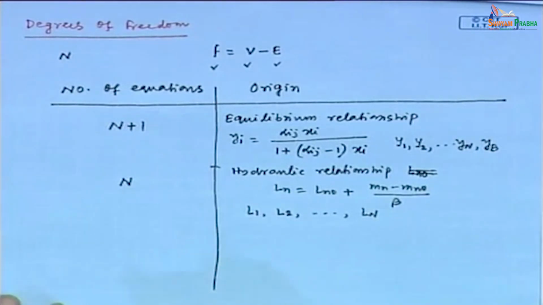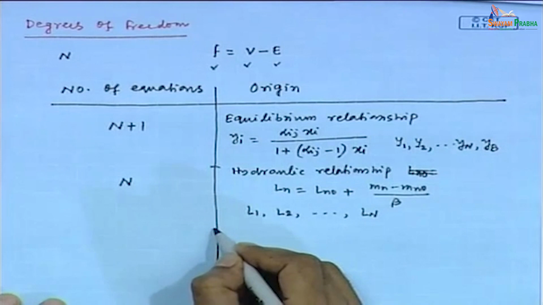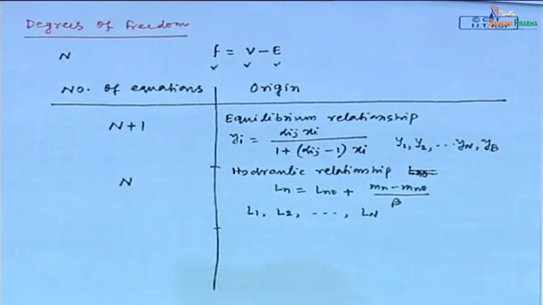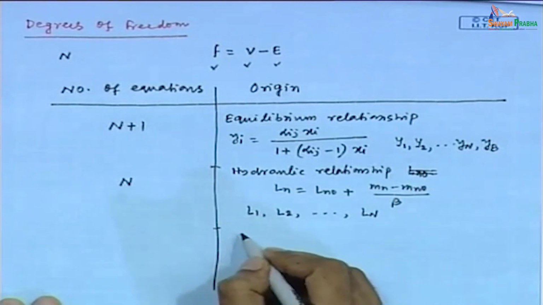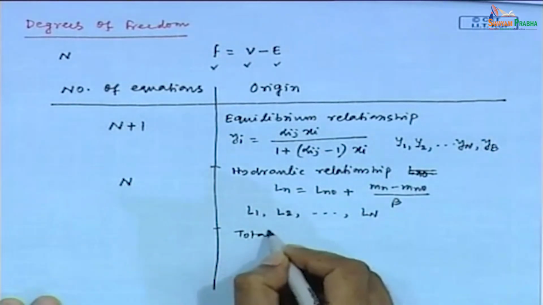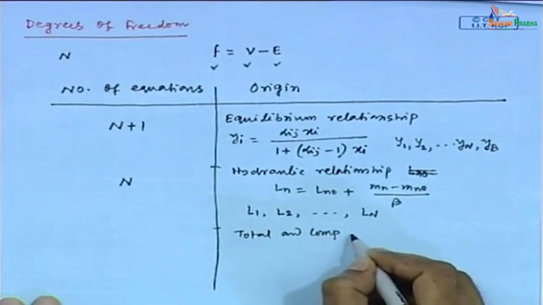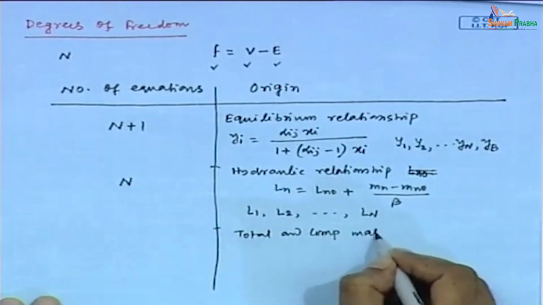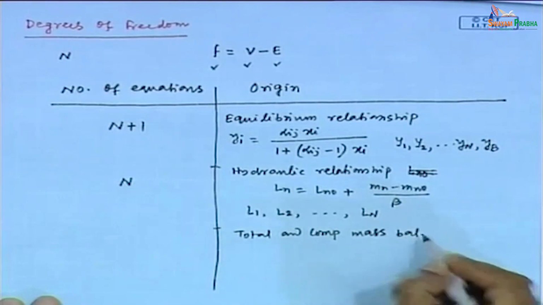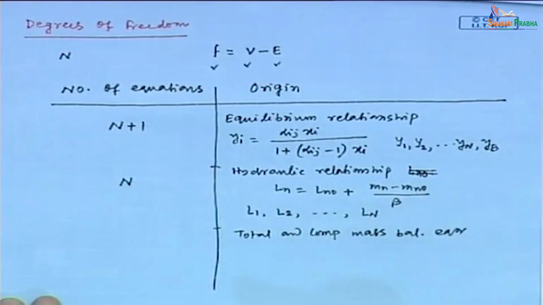Fine. Next is component and total mass balance equations. How many component and total mass balance equations are involved?